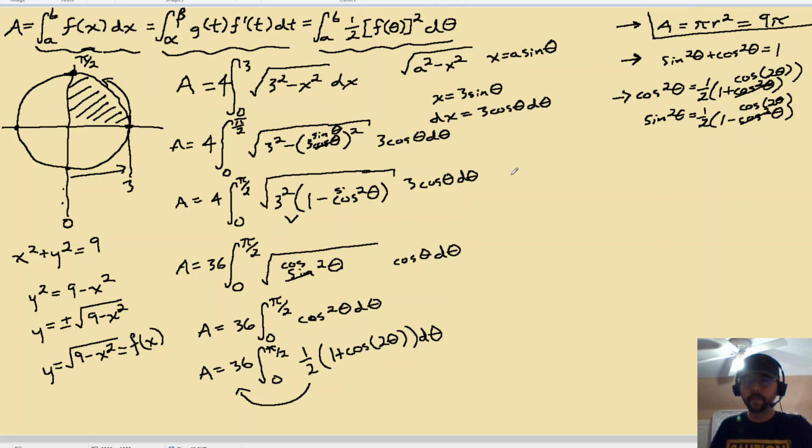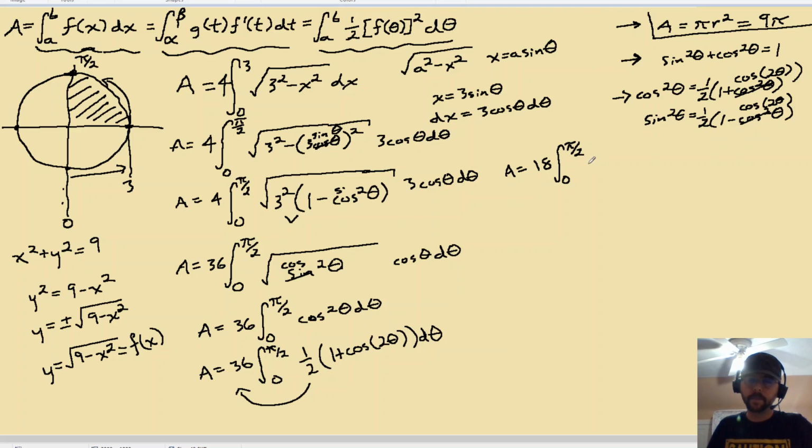So we'll have area equals 18 times the integral from 0 to pi over 2 of, I'm also going to split this up. So this would be just 1 plus cosine of 2 theta, but we can split it up into the integral of the 1 plus the integral of cosine of 2 theta.